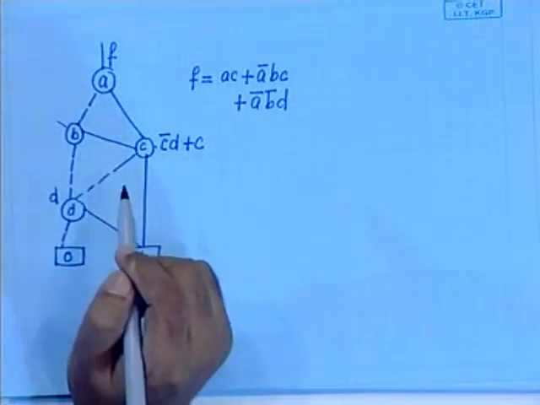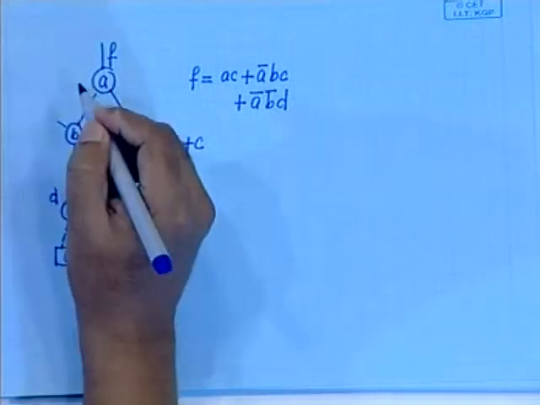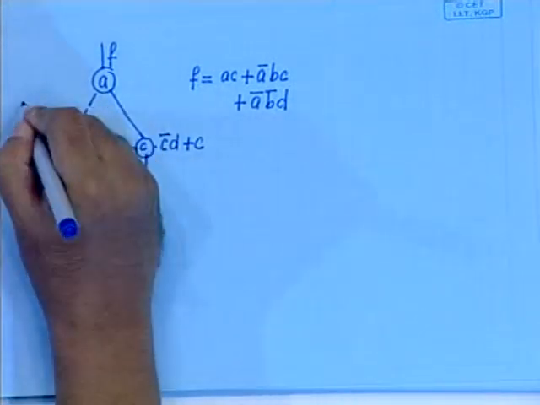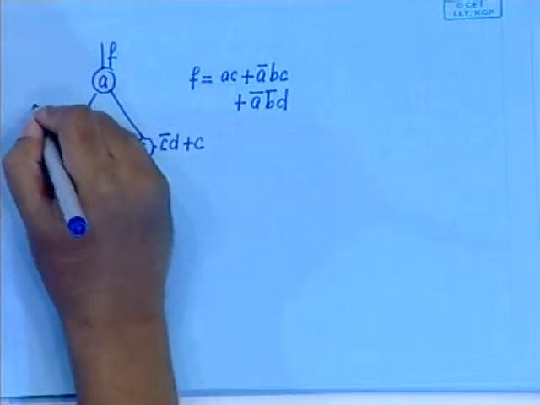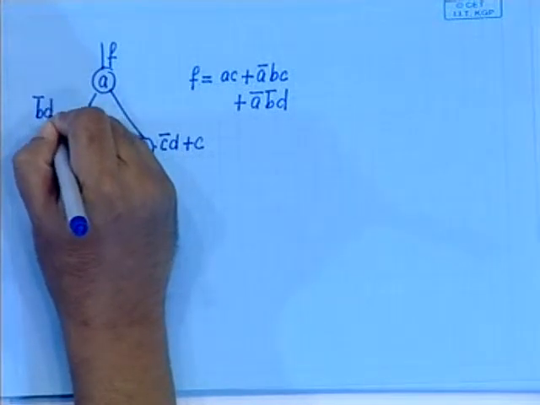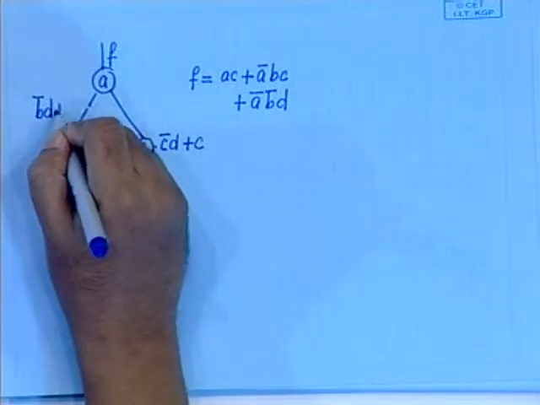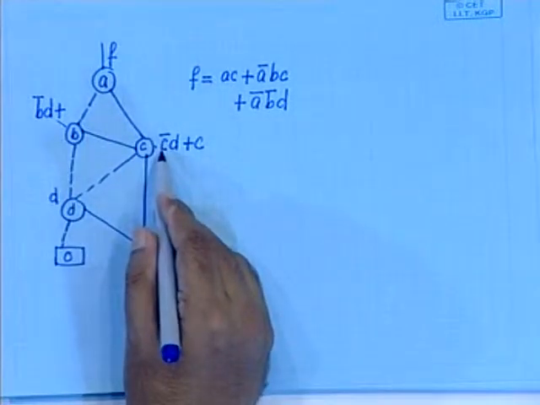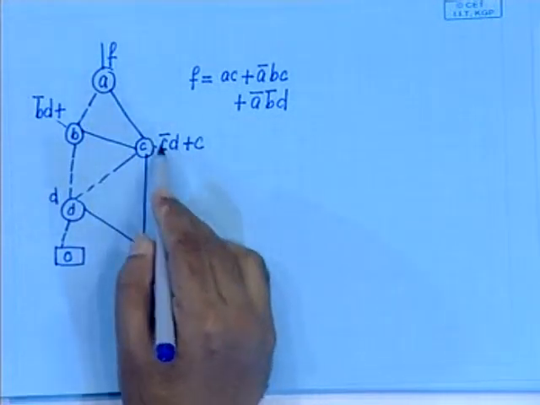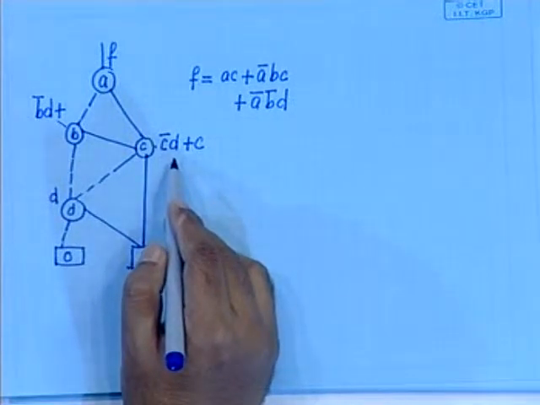What does this node represent then? This one, by Shannon's expansion, is B bar D plus B and this thing, right.